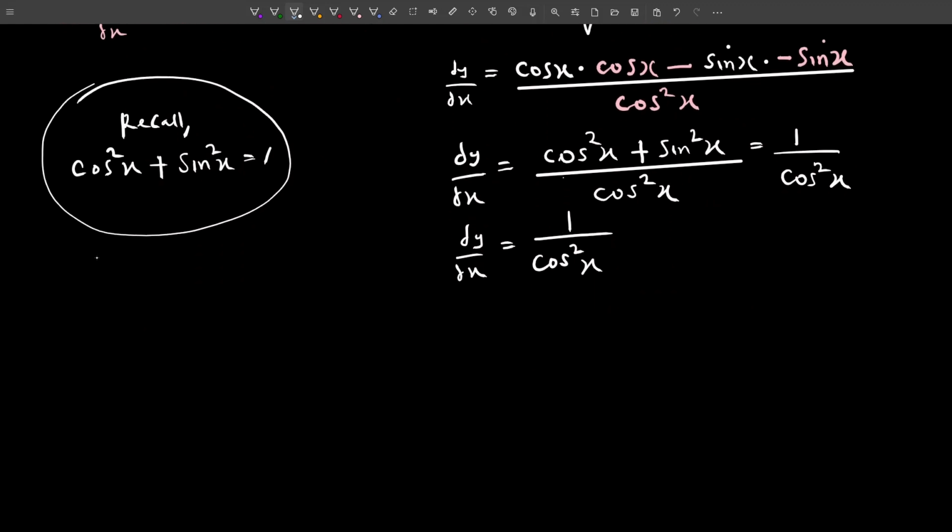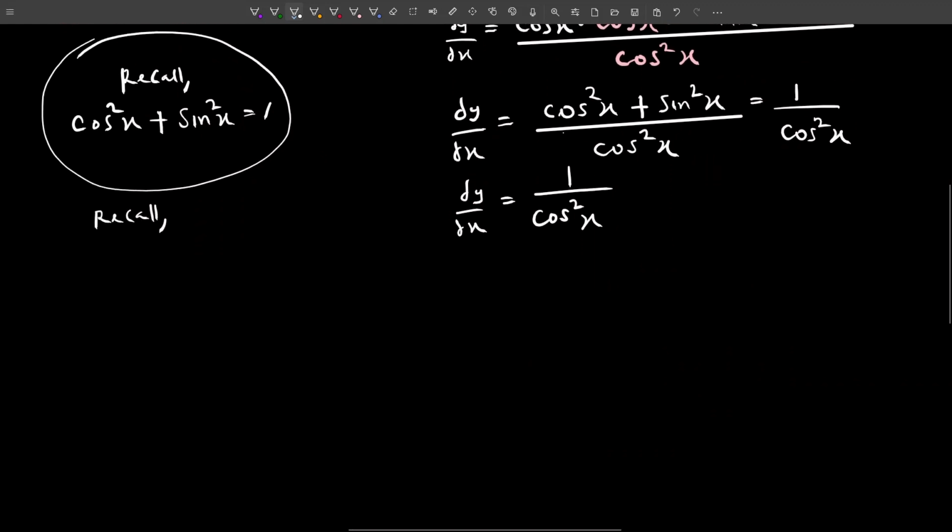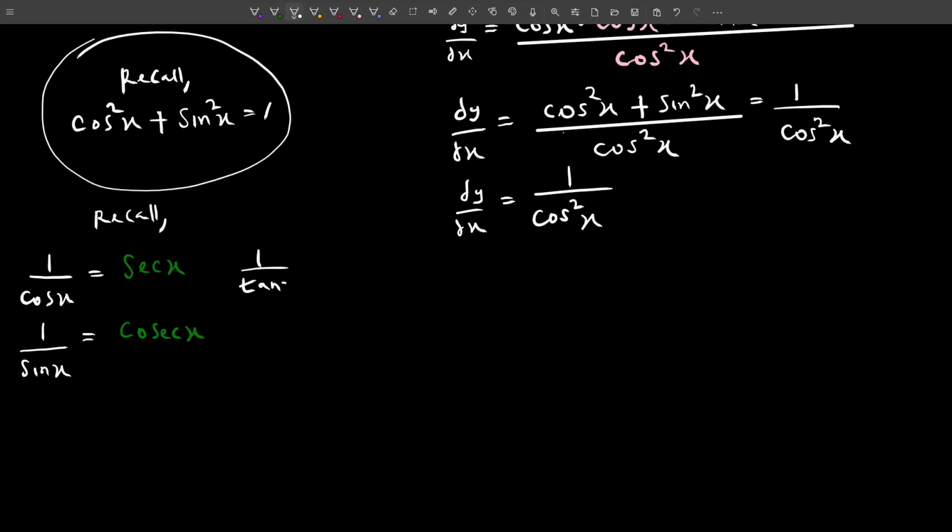Now also recall from trigonometry ratios, the inverse properties, that 1 over cos x is equal to sec x. 1 over sine x is equal to cosec x. And 1 over tan x is equal to cot x.